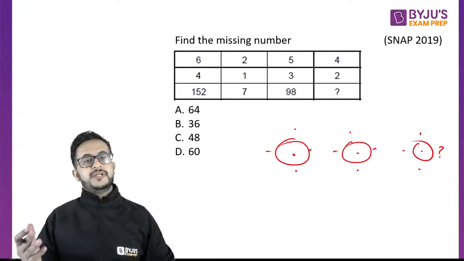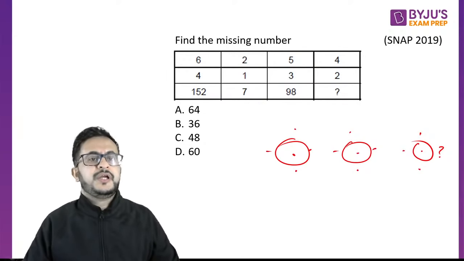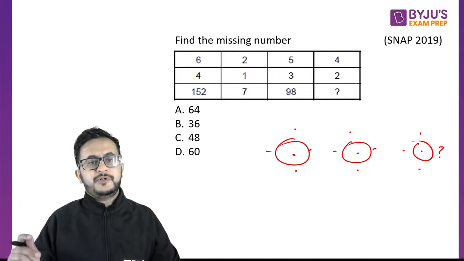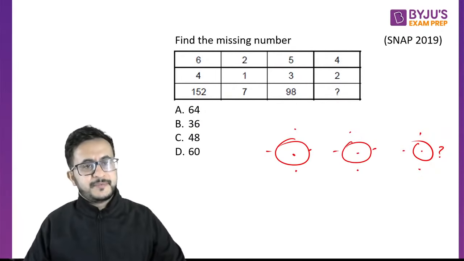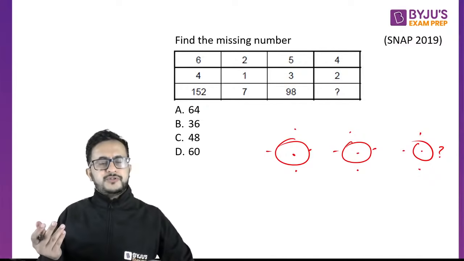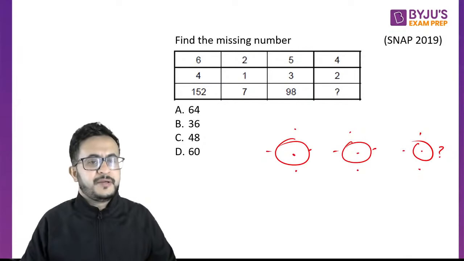If you are not able to think, skip that because you have plenty of questions. Okay. It is definitely sure that you will not be able to think everything during the examination. Okay, you have to do verbal also, you have to do quant also. Okay, so make sure that especially in reasoning, you will find a lot of traps.